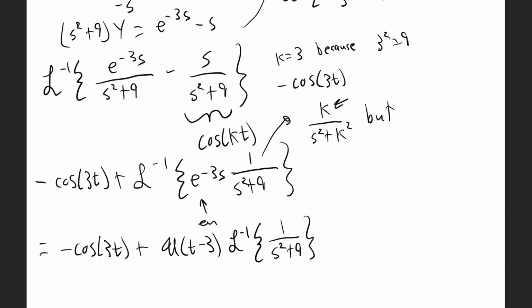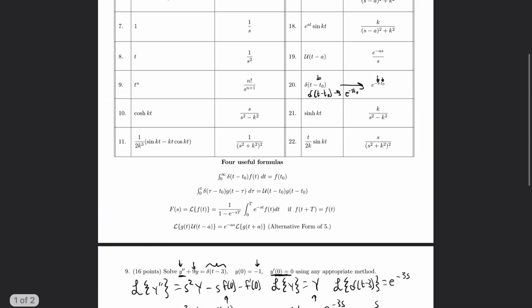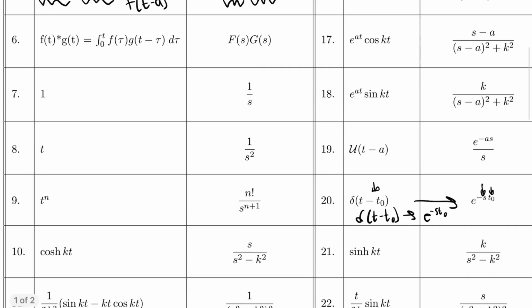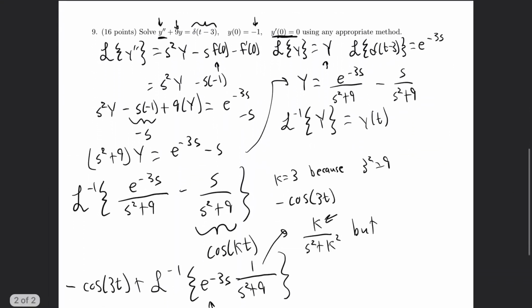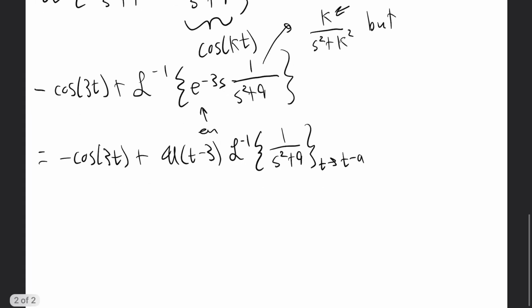But for this, let's evaluate as t goes to t minus a. And the reason we're doing that is because when we're going backwards from this to this, we're evaluating f at t minus a. So that's an important step, and if you miss that, you're going to miss the question. So make sure you're remembering that.